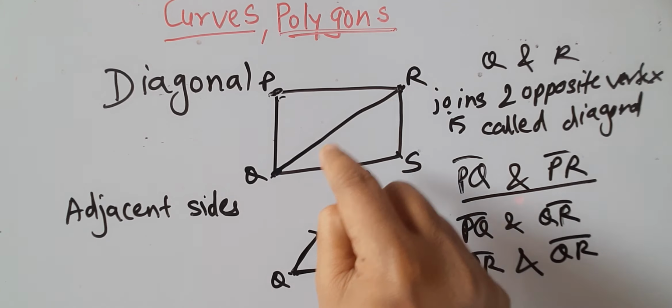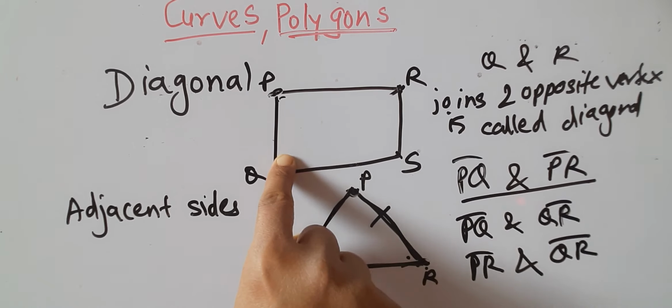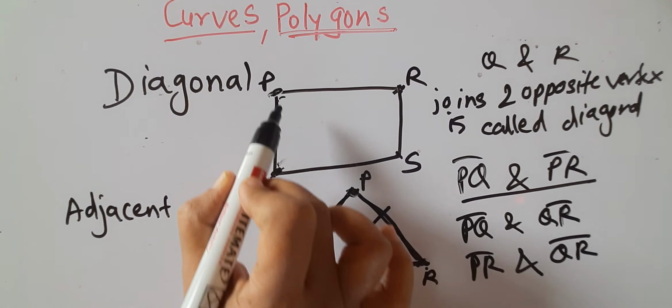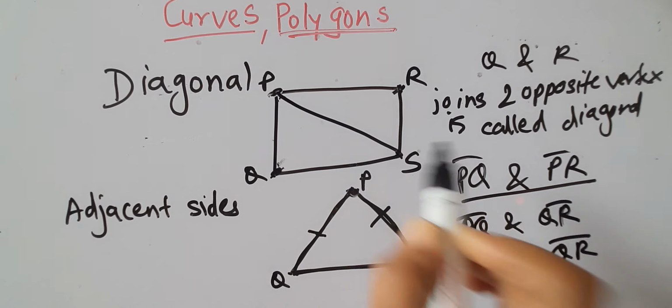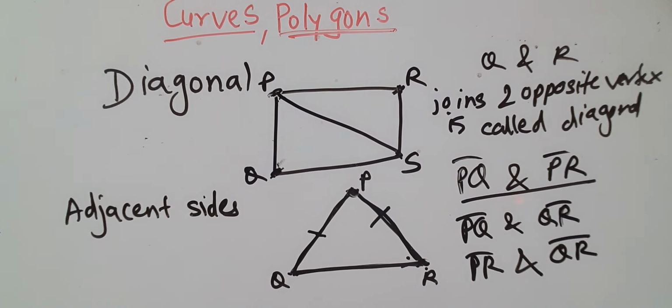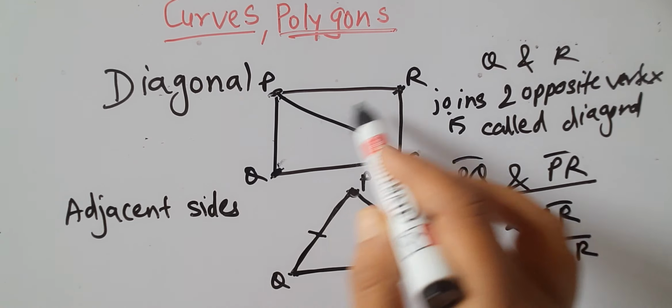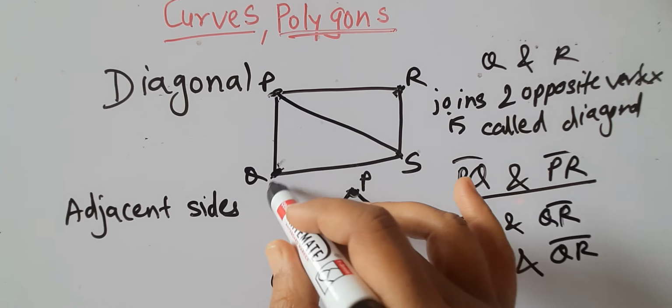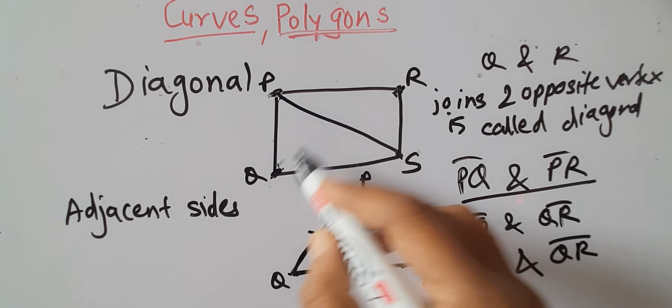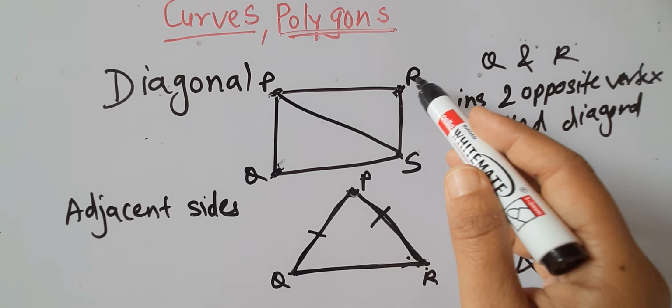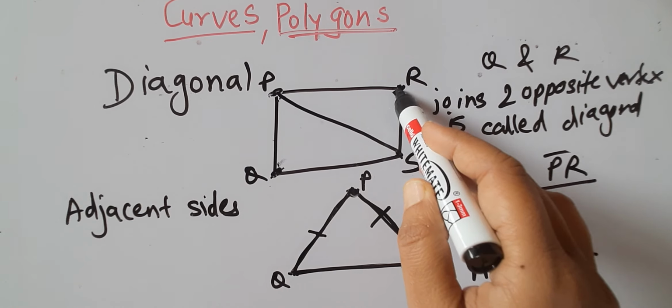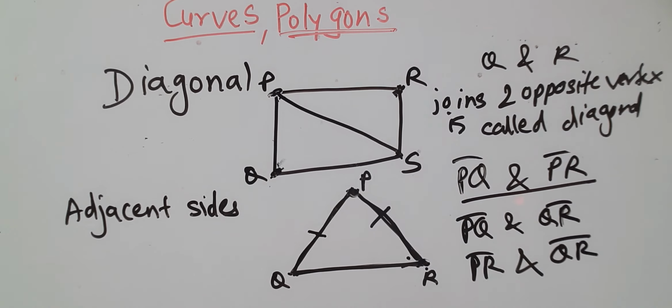So QR is a diagonal here. Similarly, if I draw from P to S, then again it is another diagonal for this given shape. Q and R are opposite. They are not meeting at any point, so they are opposite vertices. So if I draw a line segment from Q to R, then it will be a diagonal of the given shape.